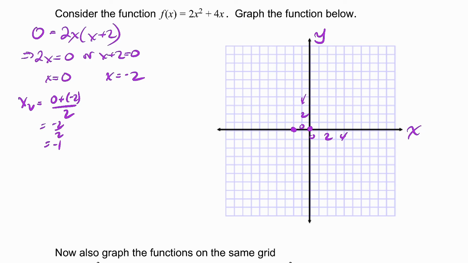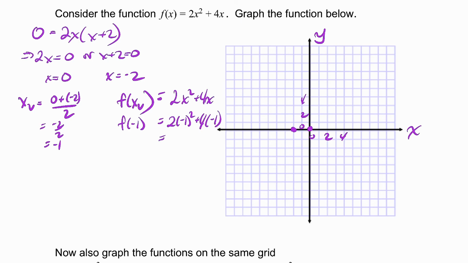So that's going to be negative 2 over 2, which is negative 1. In order to calculate the y value of the vertex, we need to plug in the x-coordinate of the vertex. So this is why we have function notation. Makes it easy that way. f of x is 2x squared plus 4x. So in this case, f of minus 1 is equal to 2 times minus 1 squared plus 4 times minus 1.